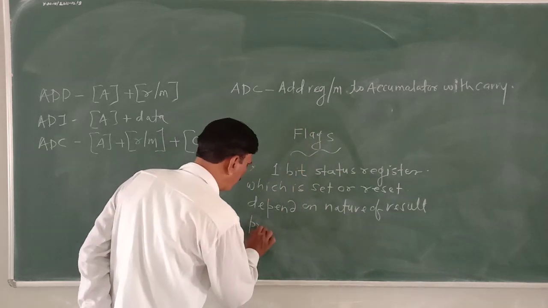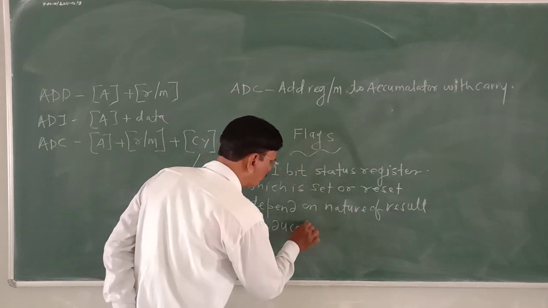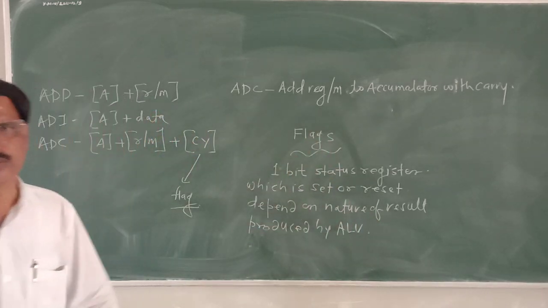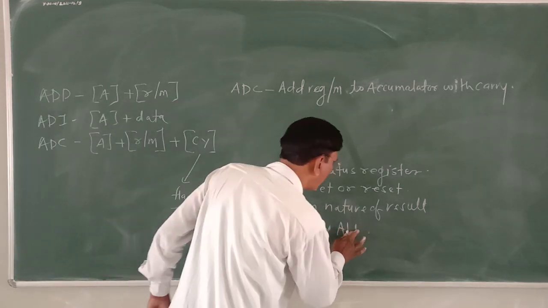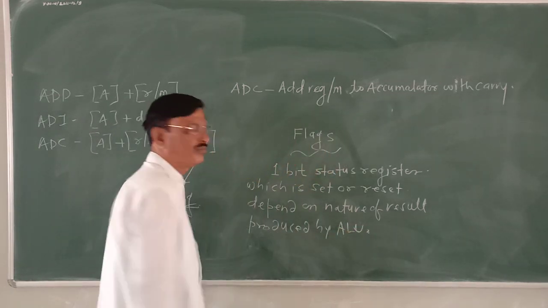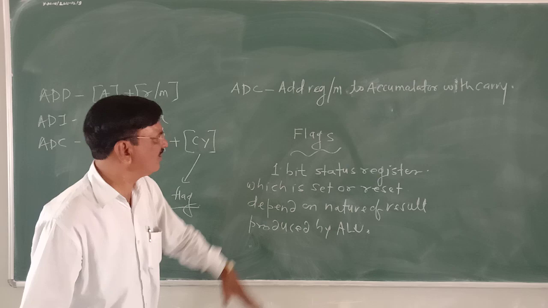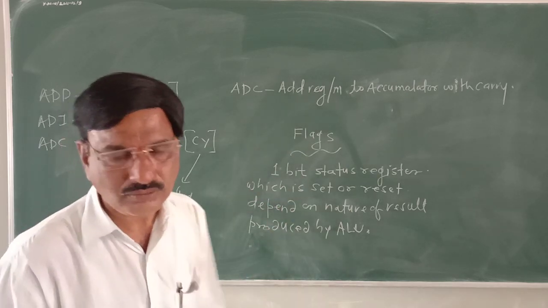Produced by ALU. So take this down. Definition of flag: a flag is a 1-bit status register which can be set or reset, depending upon the nature of the result produced by ALU. This is the definition of flag.